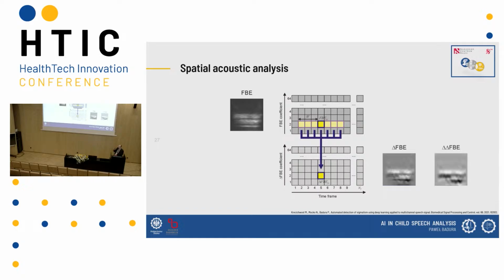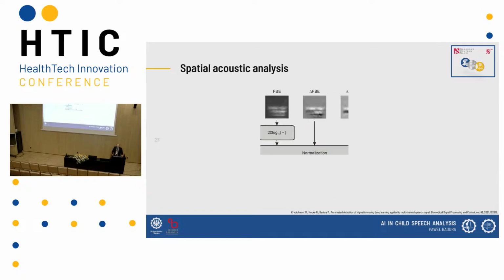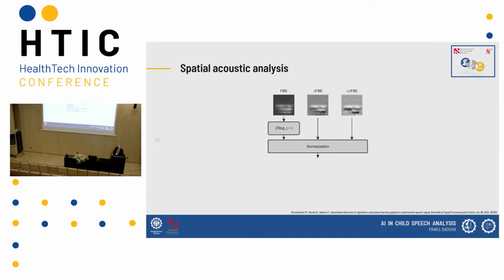That was the first thing. After some interpolation to secure a fixed size of those images, he went into collecting these three maps by putting them into different chromatic channels of a newly created image, and he created something that for us can look like an image with the information hidden in different channels taken from the original FBE, the delta FBE, and delta delta FBE.